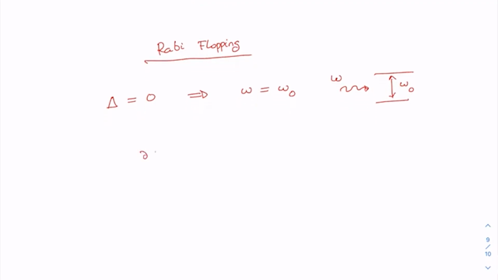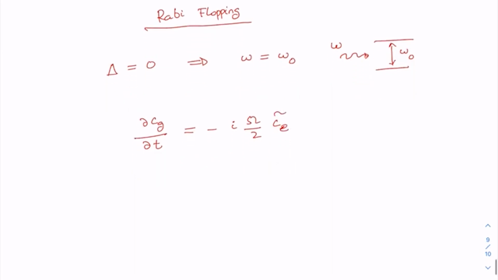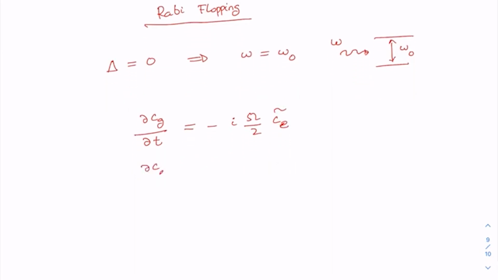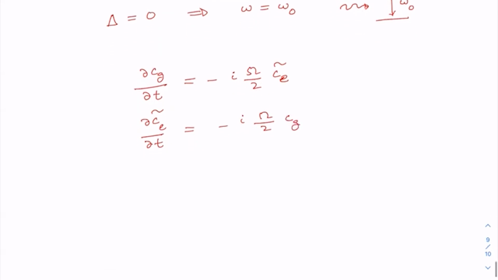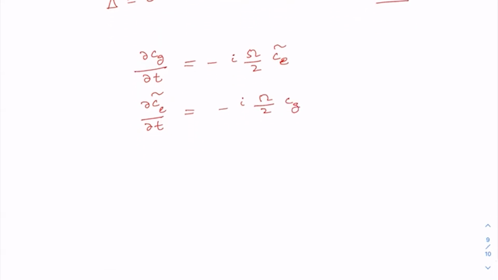In this case, the coupled differential equations that we wrote for the coefficients will take this form. It would be ∂Cg/∂t is equal to minus iΩ/2 C̃e, and the other one would be ∂C̃e/∂t is equal to minus iΩ/2 Cg. Now we can easily obtain the uncoupled second order differential equations from here.